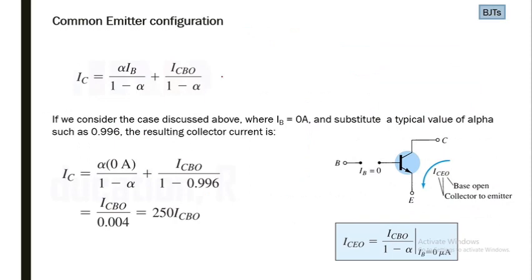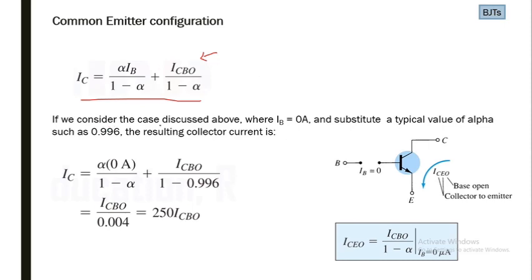So now we have this equation which says IC is equal to alpha IB over 1 minus alpha plus ICBO over 1 minus alpha. This ICBO is actually due to minority carriers, and in case of diode it was stated as reverse saturation current.